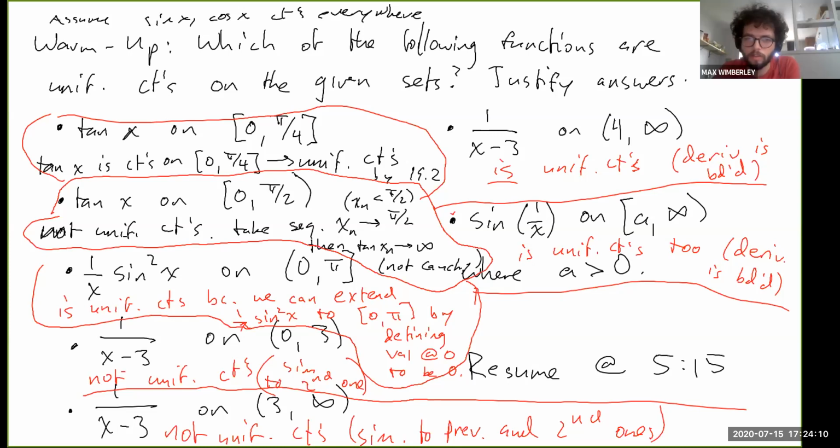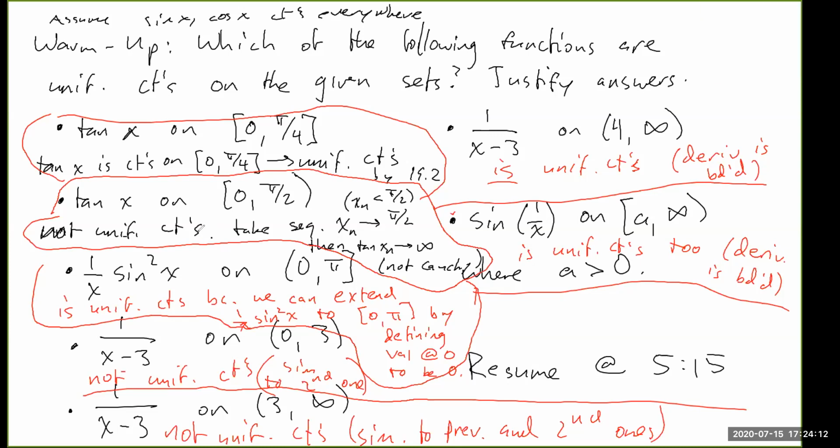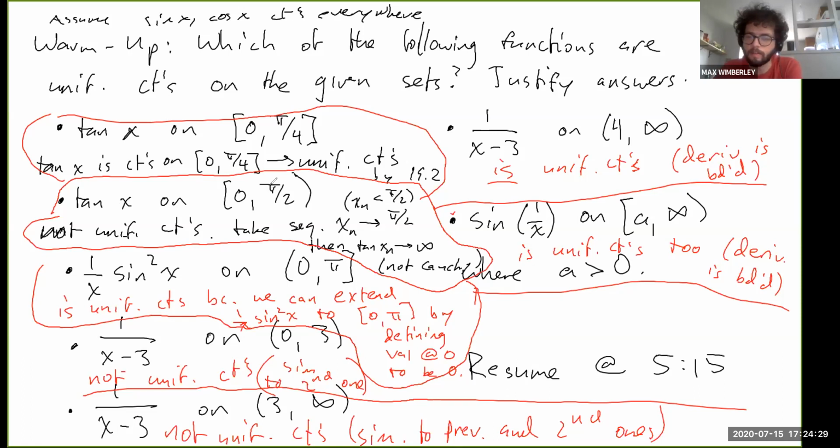Sure, yeah. What's the difference if you set the second one to a closed set, like from 0 to pi over 2? It's open at the right side, but what if it's closed? Well, the problem is that tangent of x is not defined for x equals pi over 2.